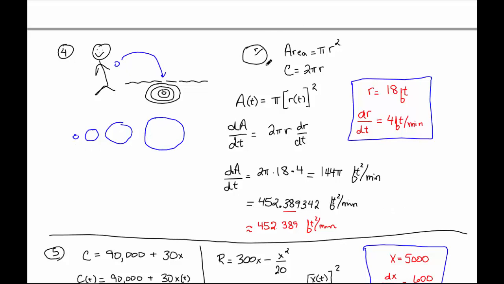And what we know about circles is that the area is pi r squared. But in our case, the areas, as you can see in my bad picture here, are getting bigger. Well, they're getting bigger because the radius on each one of these is growing.